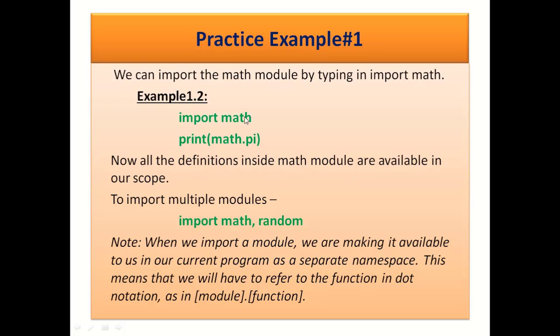So whenever we import a module, all the definitions, whether they are function definitions, class definitions, or constants, are included within our namespace, and we can use them directly, but we have to make use of the dot operator: the module name followed by the attribute name. In order to import multiple modules, we can use multiple module names separated by commas.